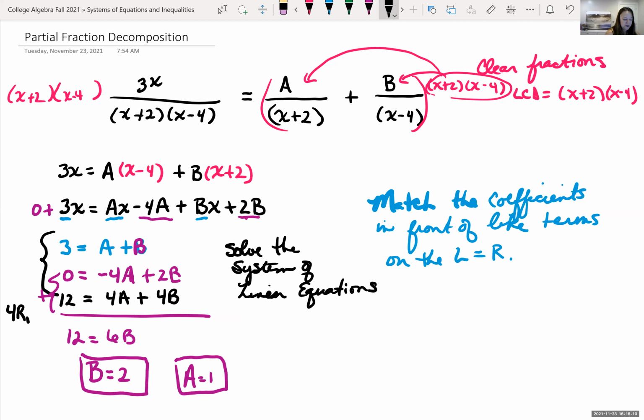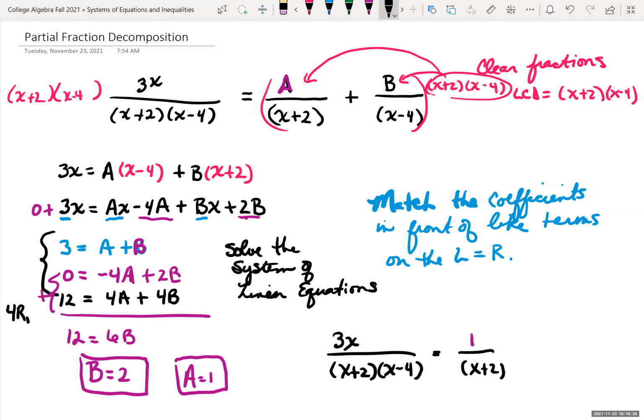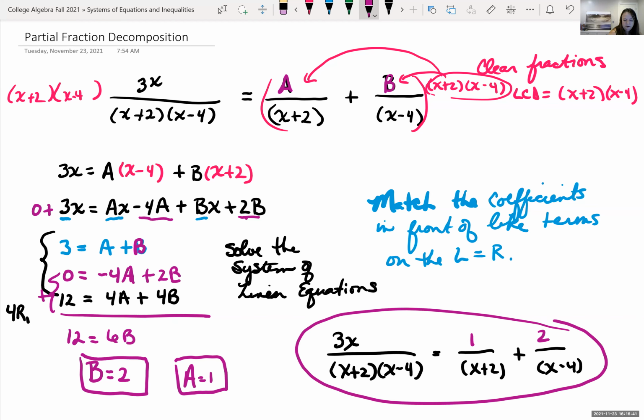So our fraction we started with, 3x all over x plus 2 times x minus 4, is equal to A, well, we found what A was, it was 1 all over x plus 2, plus B, but we found B was 2, so 2 all over x minus 4. And so we just rewrote a single fraction as a sum of simpler fractions.